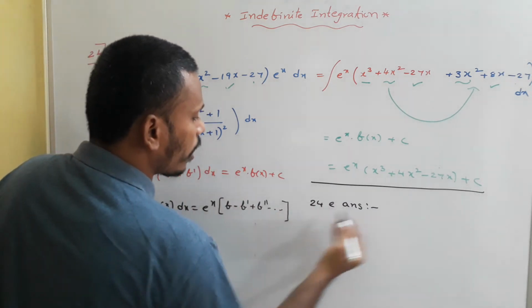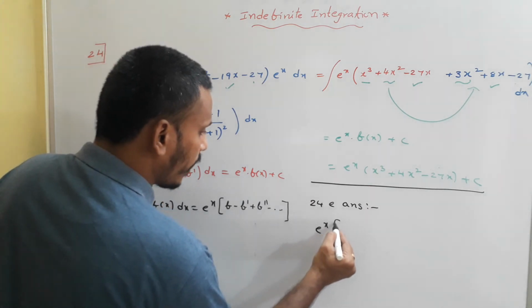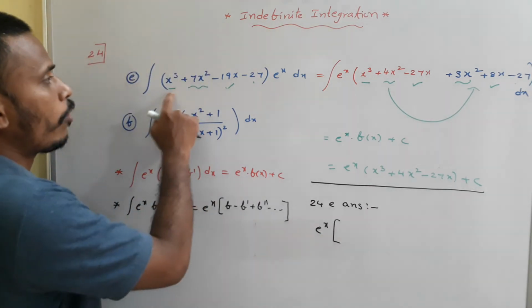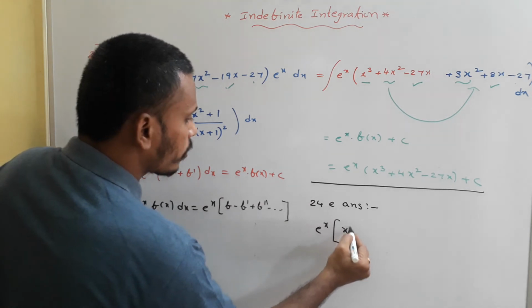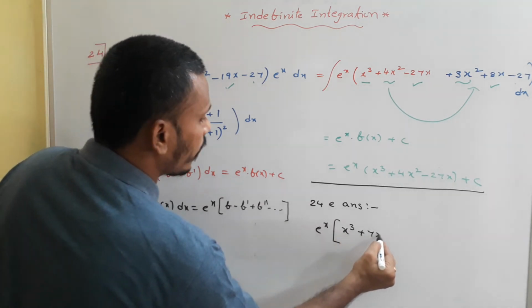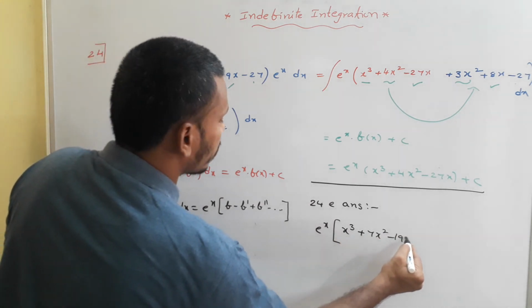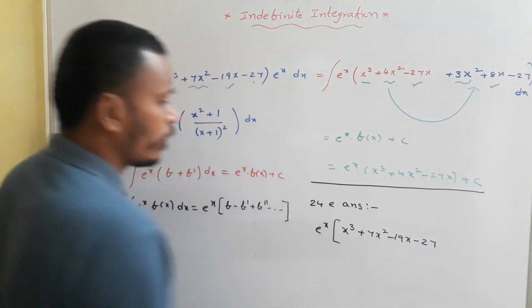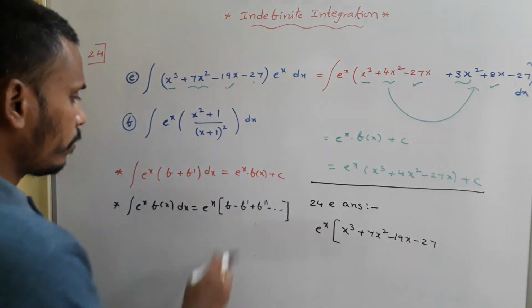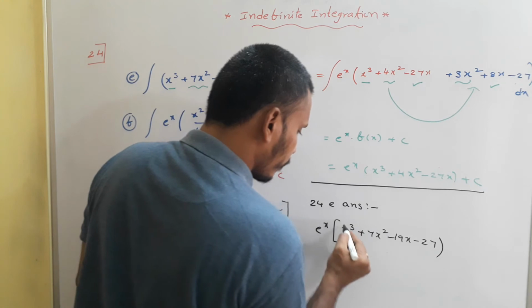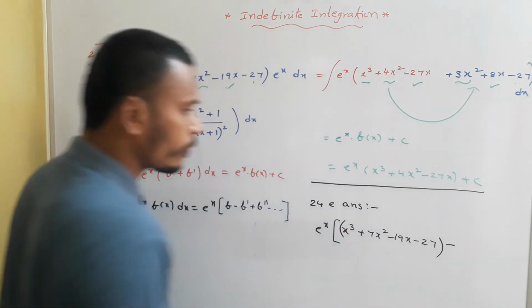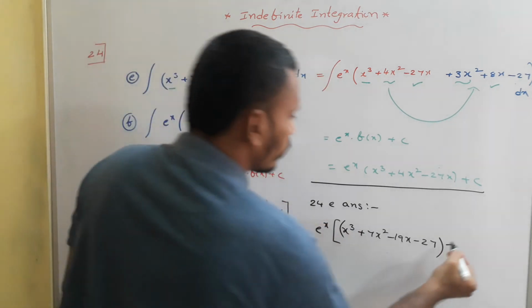According to this logic, the answer for 24e is: e power x into f of x, where f of x is this function. Okay, x cube plus 7x square minus 19x minus 27, minus its derivative. What is its derivative?